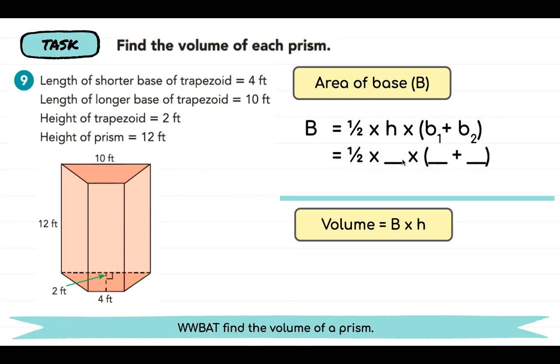So you're going to replace the number, simplify your answer, and once you get the area of the base, you're going to multiply it by the height of the prism, which is 12, and then give me the answer in cubic feet. Pause the video for a second and come back when you're ready.